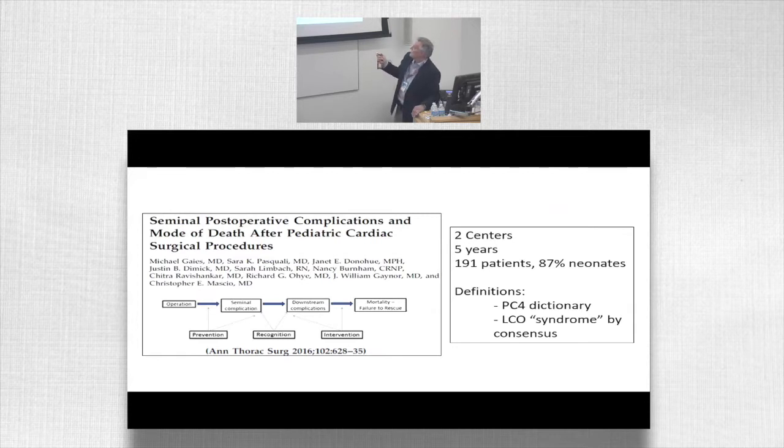That's okay. 2 centers over 5 years, 191 infants, 87% were newborns. And once again, they could not come up with a definition for low cardiac output state. They couldn't measure it, so it was by consensus, which really bothers me.